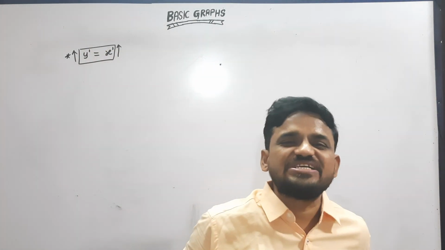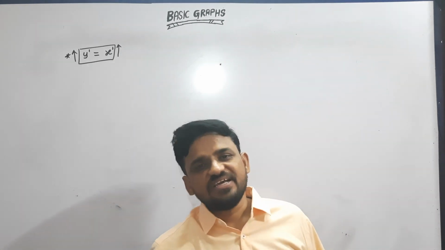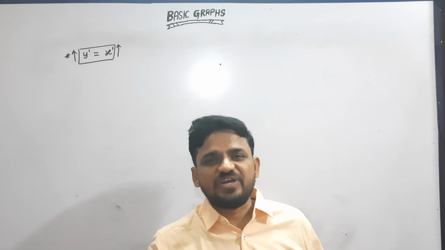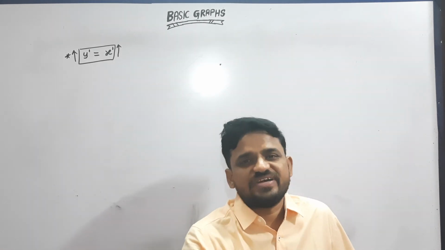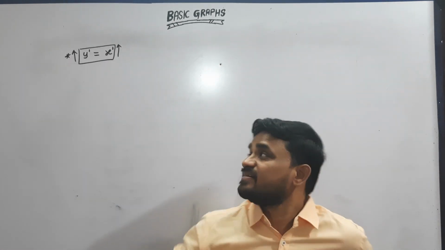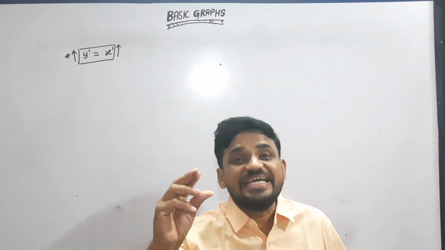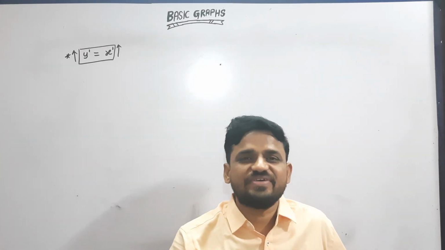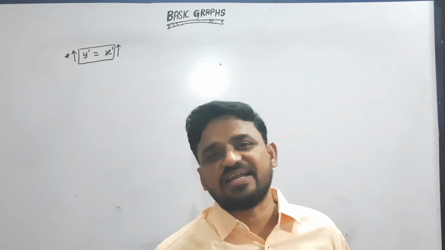That type of equation is called a linear equation. If the relation between two quantities is represented by an equation whose higher power is 1, it is a linear equation, a straight line equation. The corresponding graph is also a straight line.